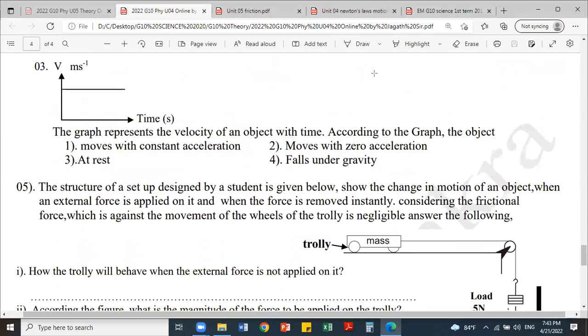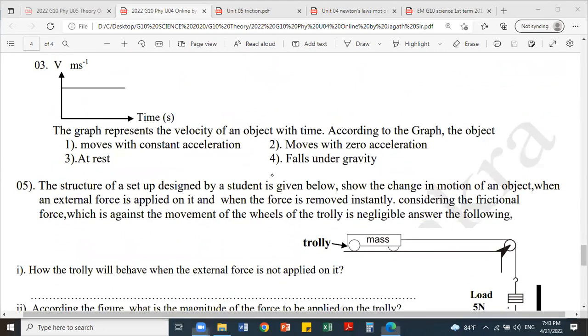Question number 3. Who can give me the answer for the third MCQ? This is a velocity time graph, from grade 10 unit 2. The graph represents the velocity of an object with time. According to the graph, any volunteers who can give me the answer?